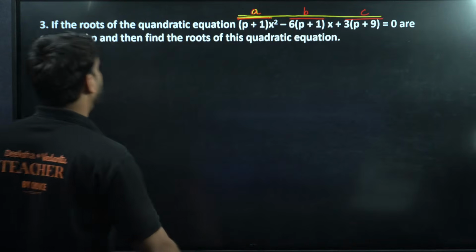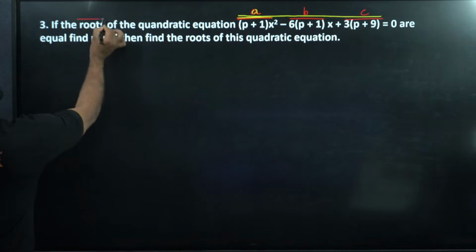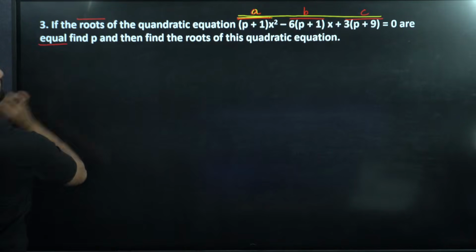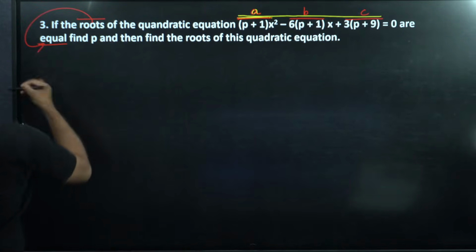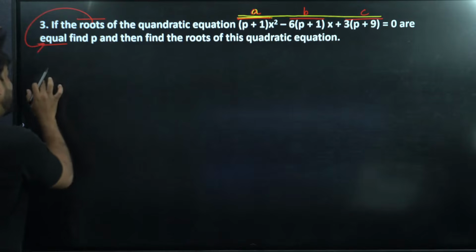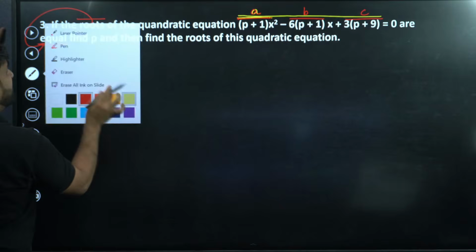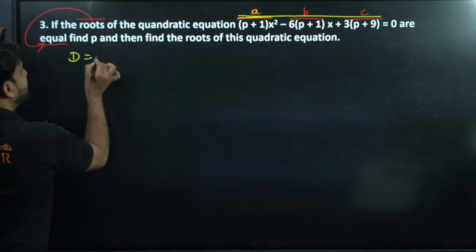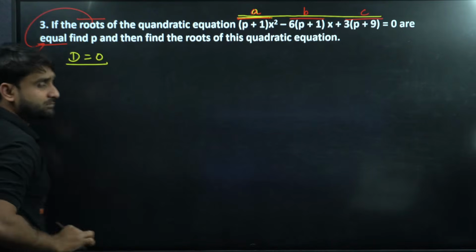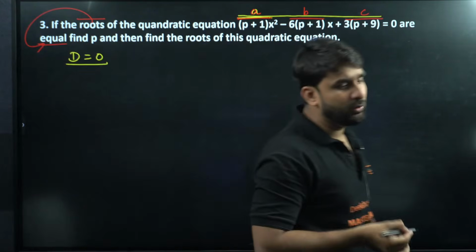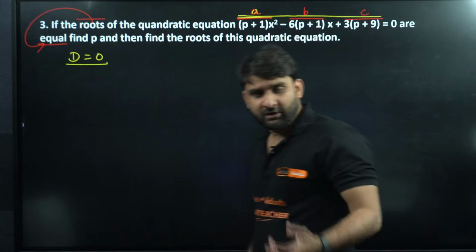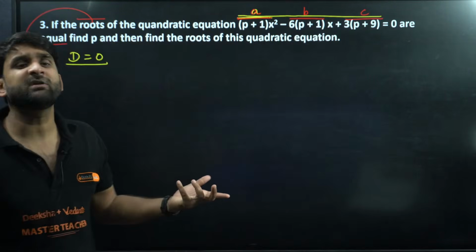Now, if the roots of this quadratic equation are equal, what does it mean? It implies that the discriminant will be equal to 0. This is the condition for real and equal roots. For real and equal roots, the discriminant will always be equal to 0.